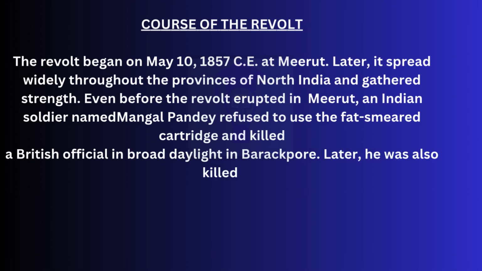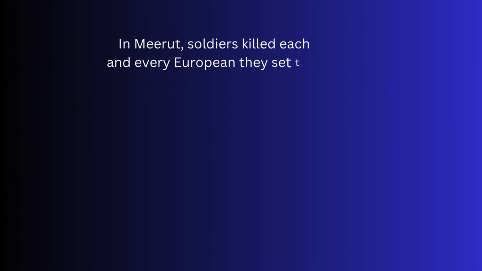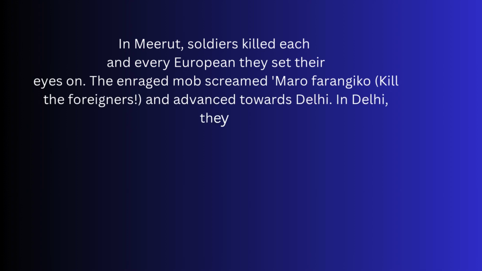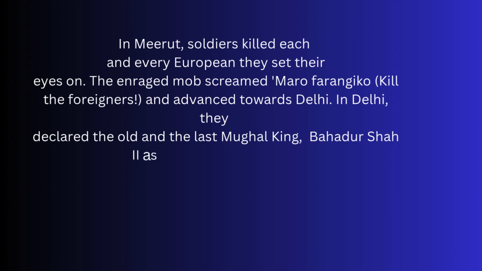Later, he was also killed. In Meerut, soldiers killed each and every European they set their eyes on. The enraged mob screamed, "Maro Farangiko," kill the foreigners, and advanced towards Delhi. In Delhi, they declared the old and the last Mughal king, Bahadur Shah II, as the Emperor of India.